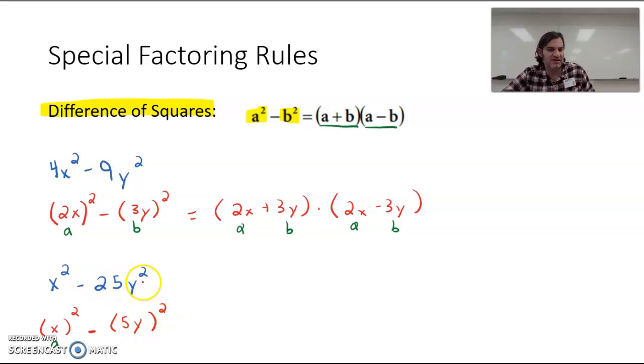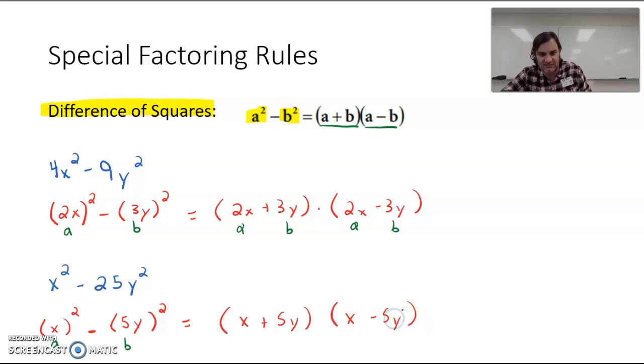So we'll write 25y squared as the quantity of 5y squared. So that'll be our b. So using the same formula, we'll have a, which is x, plus b, which is 5y. So x plus 5y times a minus b, which will be x minus 5y.